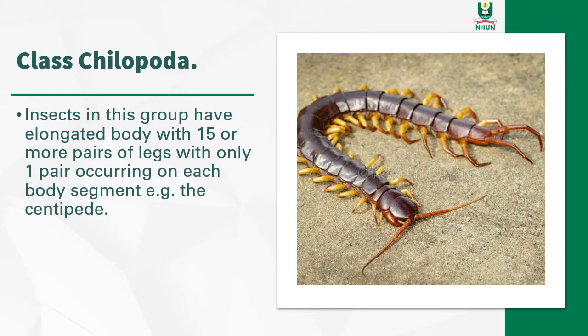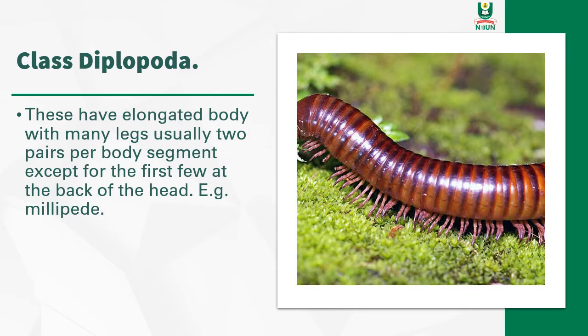If you look at it closely, this is a body segment, you can see the leg here. This is another segment, you can see the leg here. So one pair, one on each side, on each segment. And a good example of this class is the centipede.